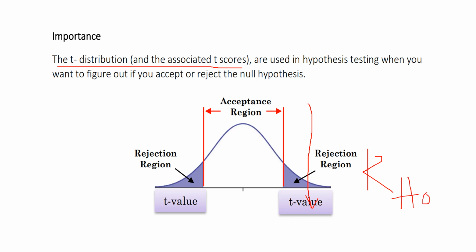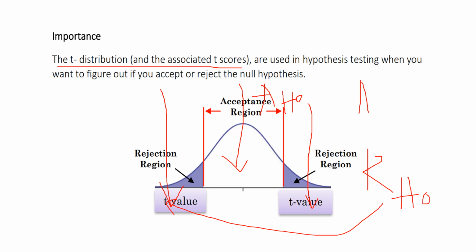Same thing with the left side. If your computed t falls in your rejection region, you're going to reject your null hypothesis. If your computed t falls here, you're going to accept your null.